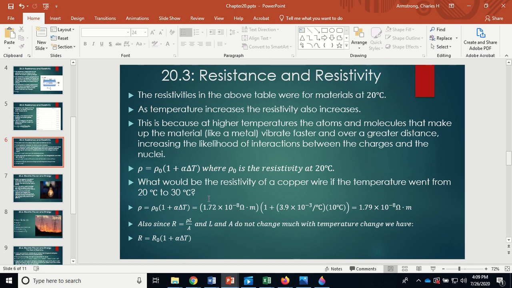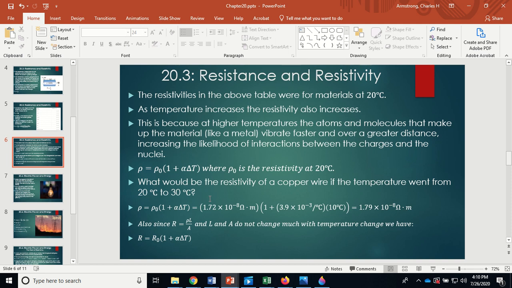So there's increasing likelihood of interactions between the charges and the nuclei. The more energy given to the nuclei through higher thermal energy, the more they vibrate, and the more interactions there are between the electrons and the nuclei. That causes greater resistance to the electrons trying to get from one place to another. It's going to zap more energy out of the current.